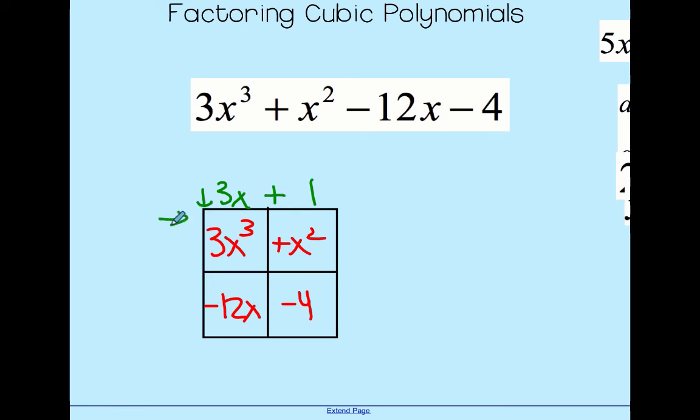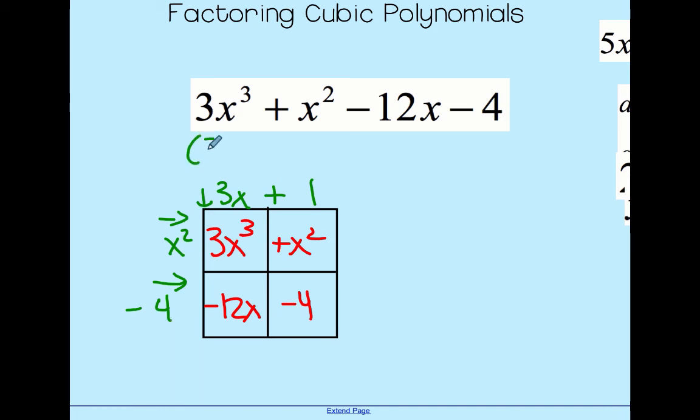Now I'm going to go ahead and look at rows. 3 and 1 only have a 1 in common. X cubed and x squared have x squared in common. Negative 12, negative 4 means I'm factoring out a negative because they both are negative. And 4 goes into 12. So that means it's minus 4.